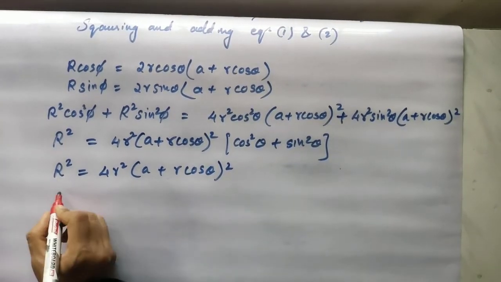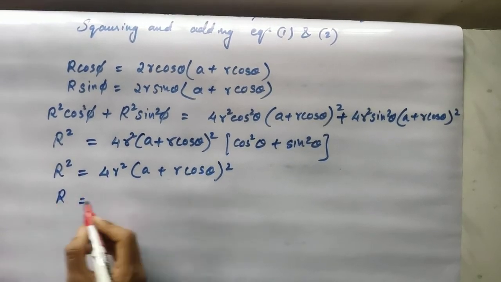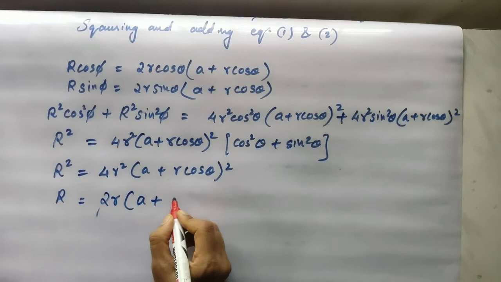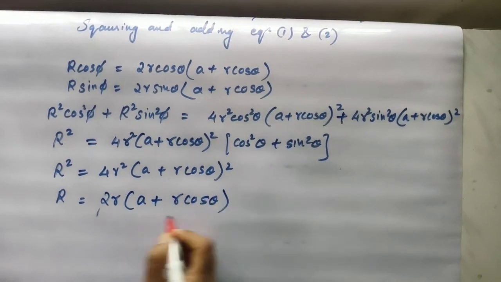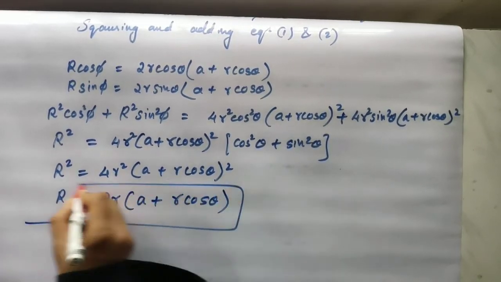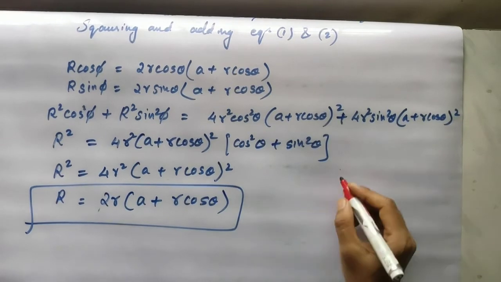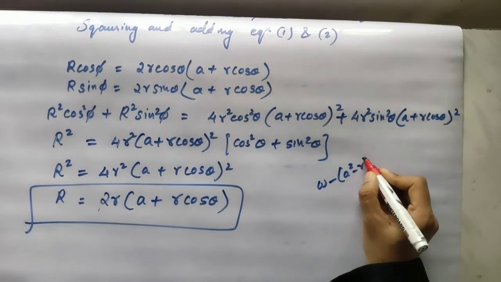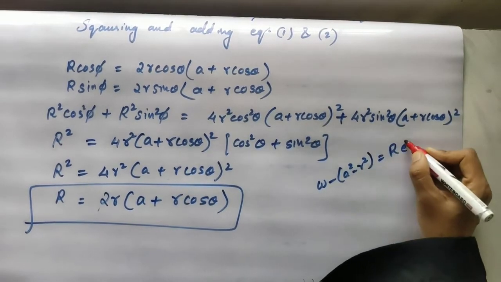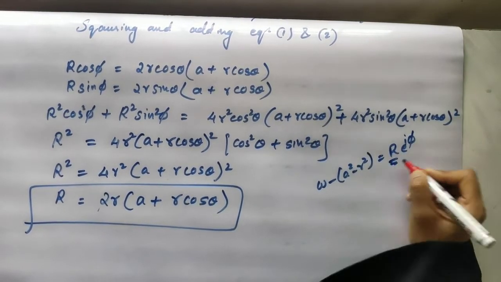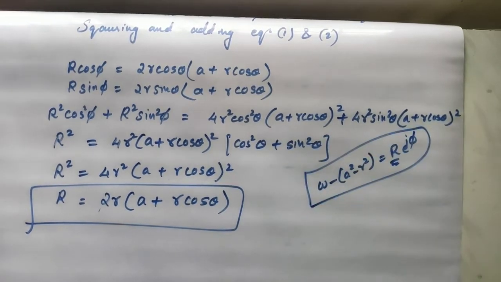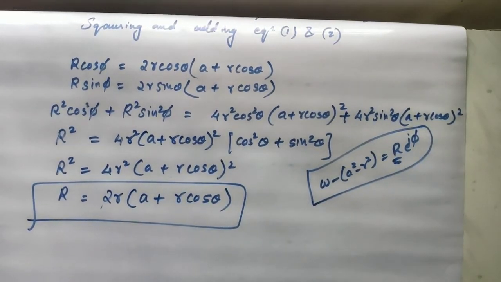Now take the square root: r = 2r (a + r cos θ). This is your r. So whatever assumption we had made in the beginning, that is, let w minus a square minus r square as r e^{iφ}, this r we have got this way. So we substitute it; later we evaluate what that represents.